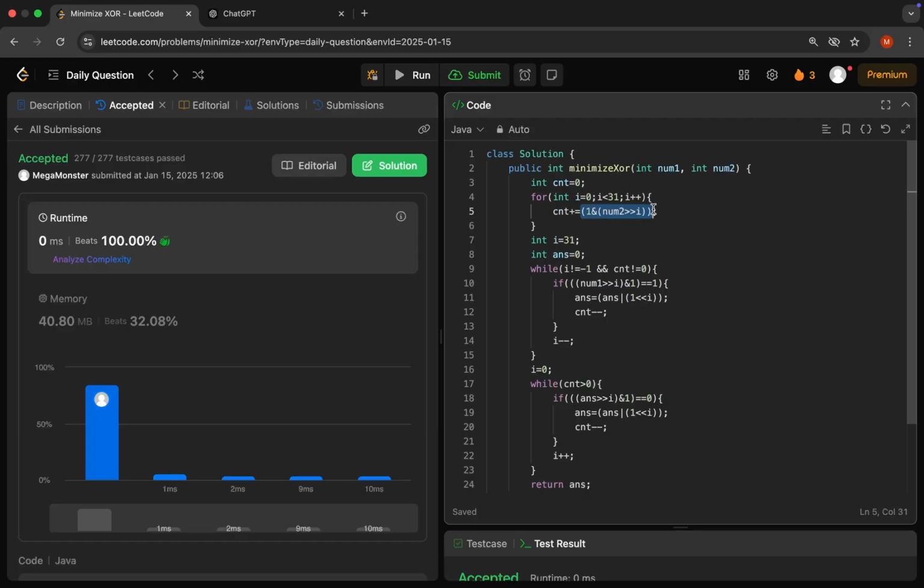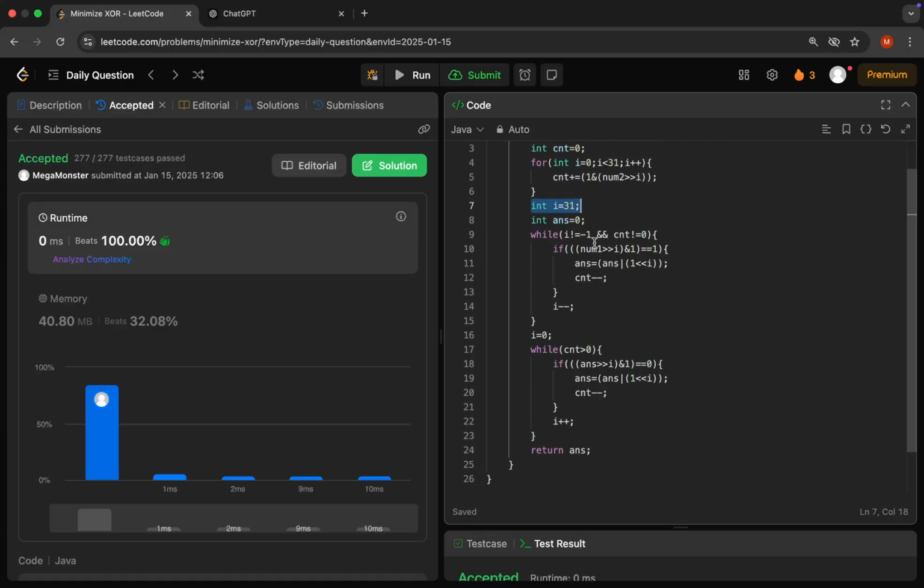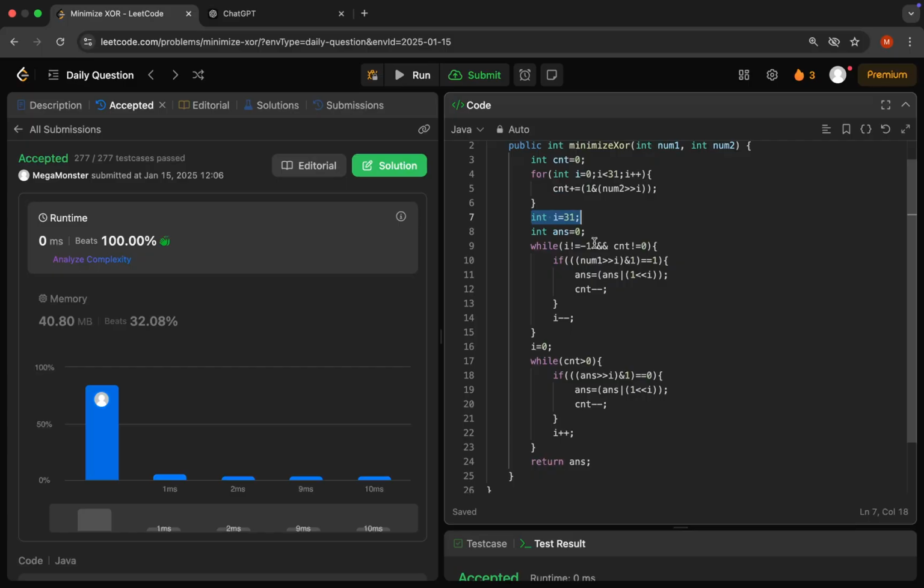You can use another method also, like dividing by 2 or other things. I have taken a variable i and set it as 31, the leftmost bit in an integer. And I will take an answer; answer is representing x.